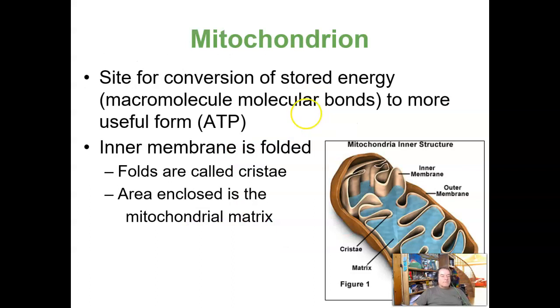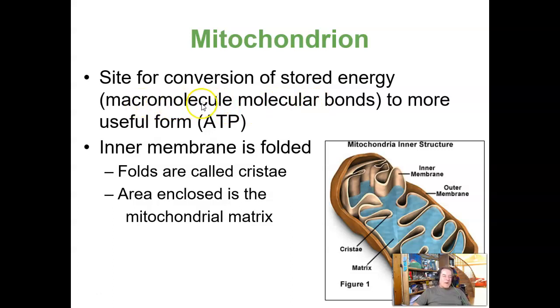All right. The mitochondrion, please don't write down on a test that this is the powerhouse of the cell. That's not a wrong statement, but it doesn't have any detail. You want to say something college level about this thing, all right? So it is a site for the conversion of energy stored in molecular bonds, typically glucose, but other substrates can be used as well.